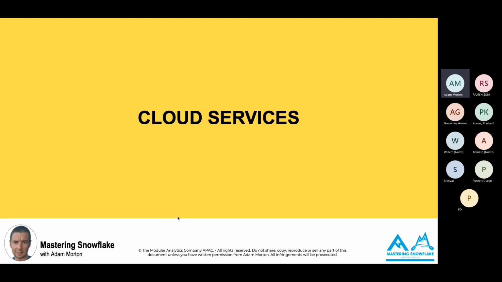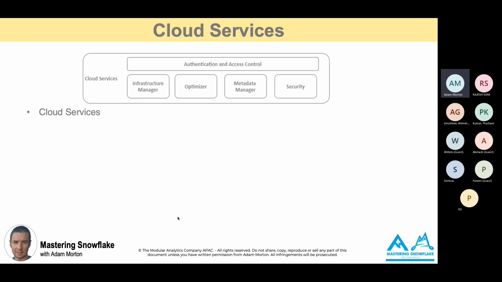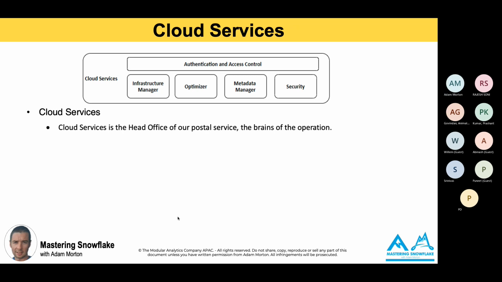Finally, let's just touch upon cloud services, the third and final layer, and the role this plays. This is the collection of services that ties everything we've discussed so far together. So don't forget, it's the head office, the brains of the operation, and it covers the following.